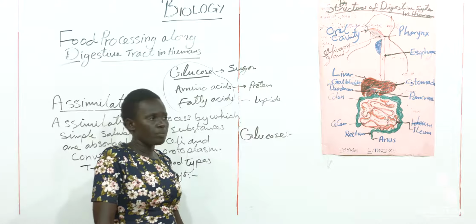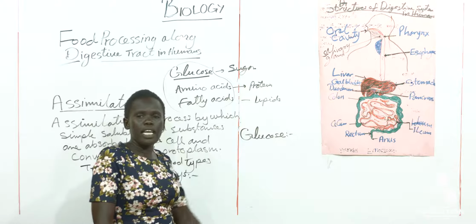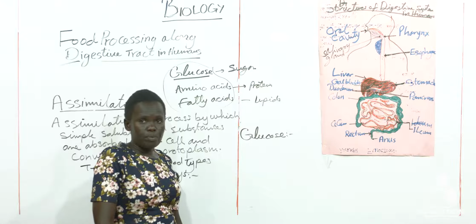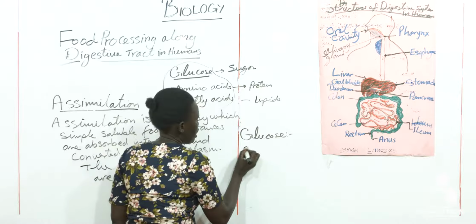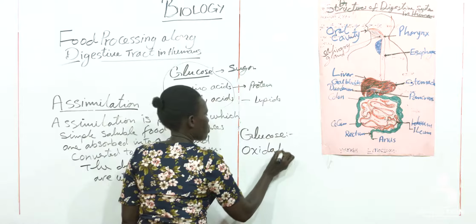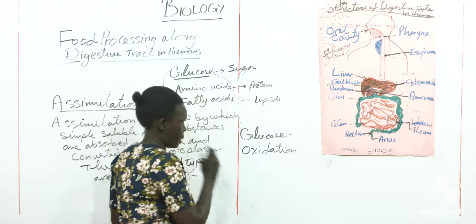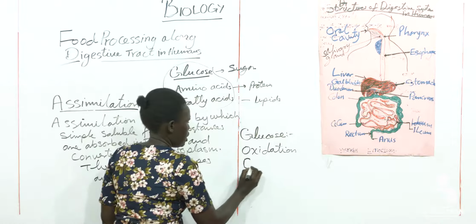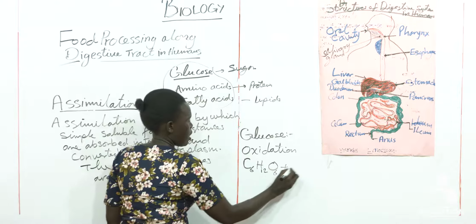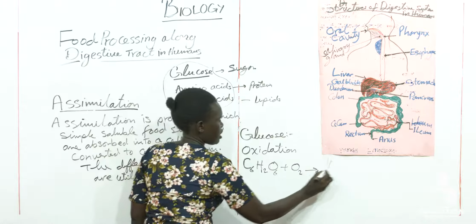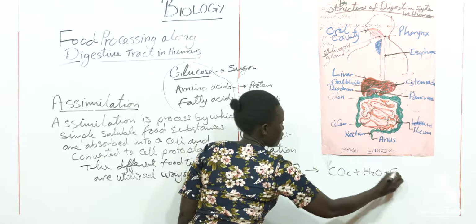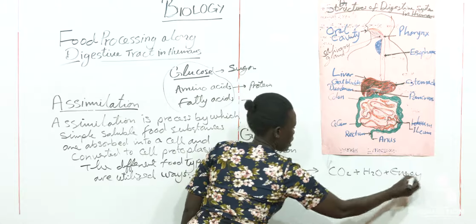That energy, the body will make use of it in carrying out different biological processes. What will happen is oxidation, addition of oxygen. C6H12O6 plus oxygen will give us carbon dioxide plus water plus energy. So this is how the energy is released.